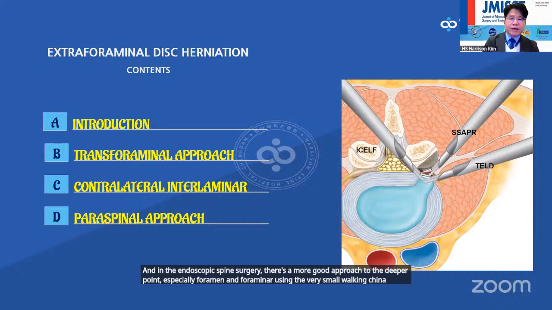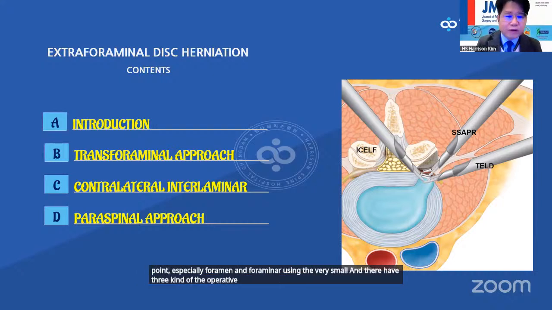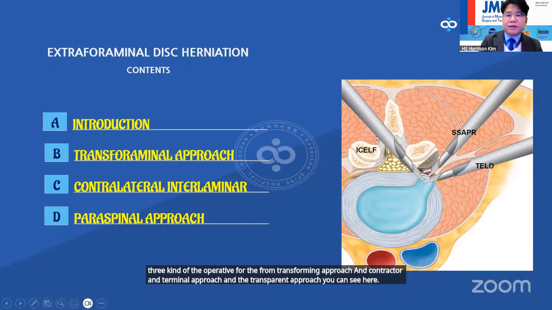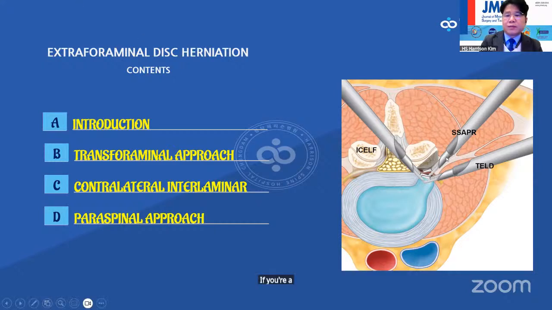There are three kinds of approach for foraminal to extraforaminal by the uniportal endoscope: the transforaminal approach, the contralateral interlaminar approach, and the paraspinal approach. Here, contralateral interlaminar, this posterolateral, this transforaminal approach.